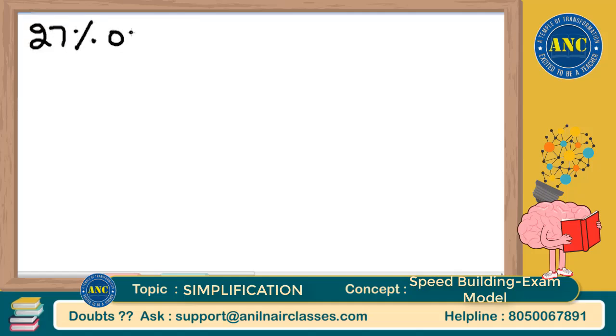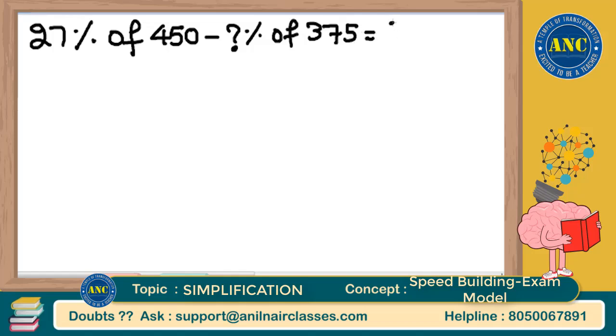Original question: 27% of 450 minus question mark percentage of 375 is equal to 76.5, right, 76.5. A classic question which you need to understand, how beautifully you can solve it. First thing is, I don't like to end with 5. Although it is ending with 0, let me try to make 2 zeros at the end.